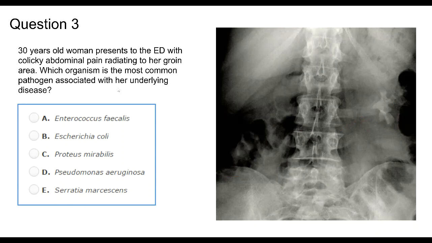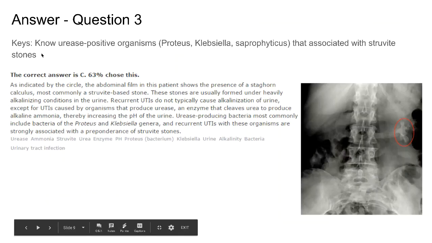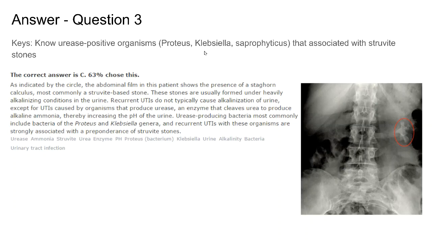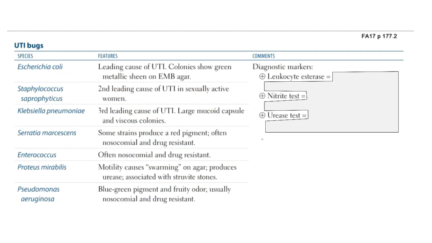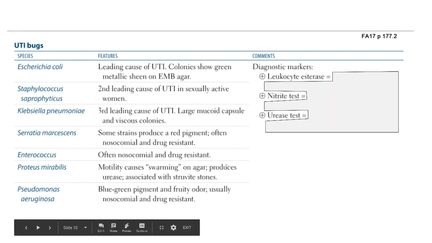All of this is talking about UTI, and you have to remember which bacteria cause what kind of UTI, okay? The test will ask you that. Remember these are urease positive organisms: Proteus, Klebsiella, Staphylococcus. Remember E. coli is the leading cause of UTI.